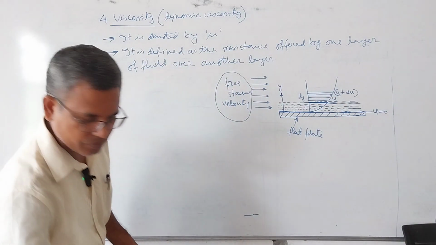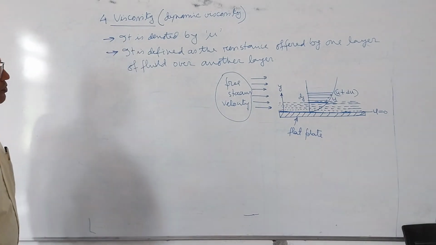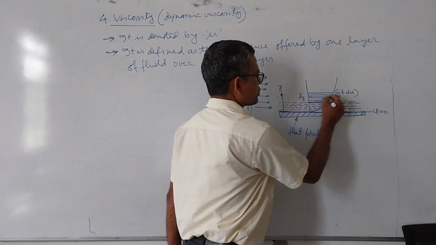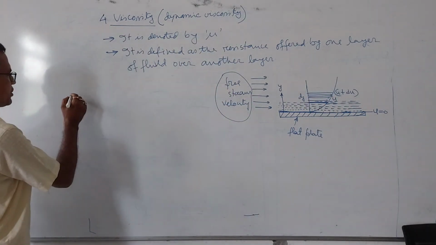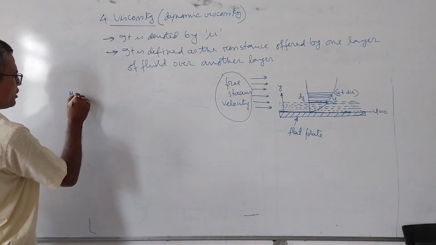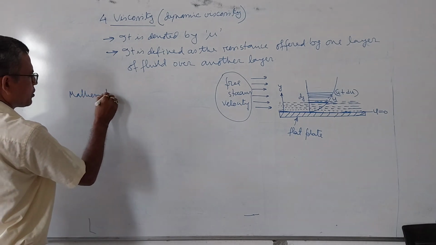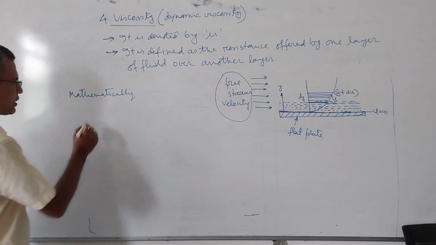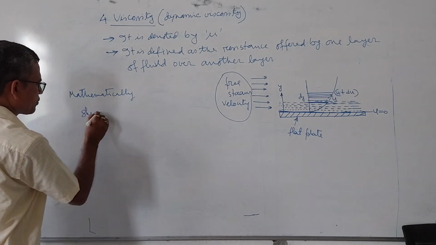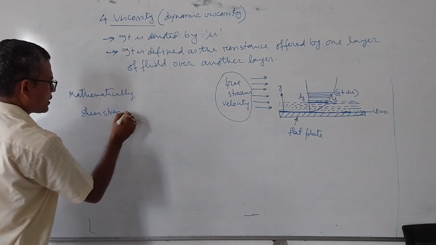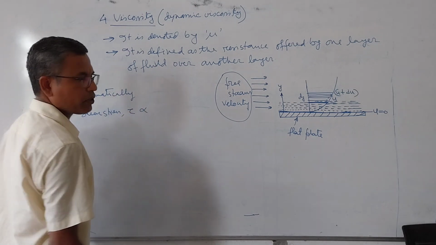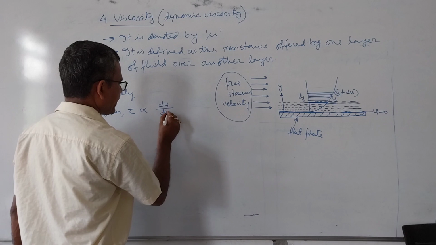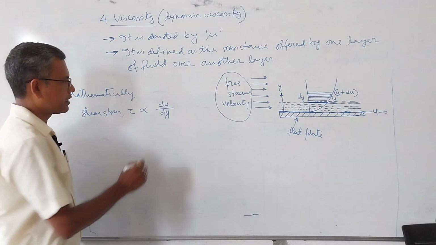So the fluid is offering resistance. Therefore, from experience, we can say mathematically that shear stress tau is directly proportional to the velocity gradient du by dy.